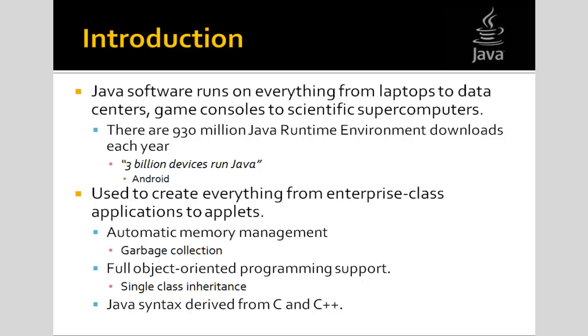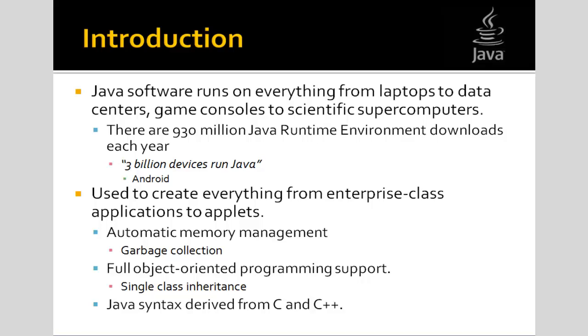Some of the features that empower us to focus on our application development are the automatic memory management, or garbage collection, that's provided by Java. Additionally, the object-oriented programming support, which is limited to a single level of inheritance, allows us to build robust applications using object-oriented principles that ensure our applications will be easy to maintain in the future.